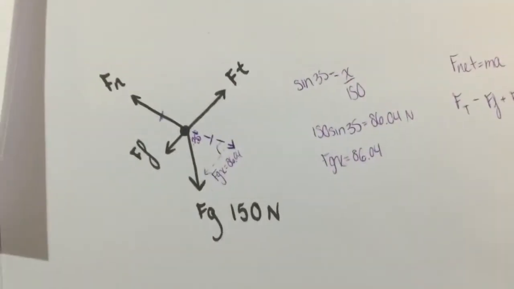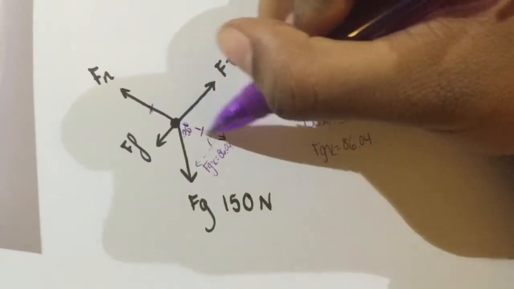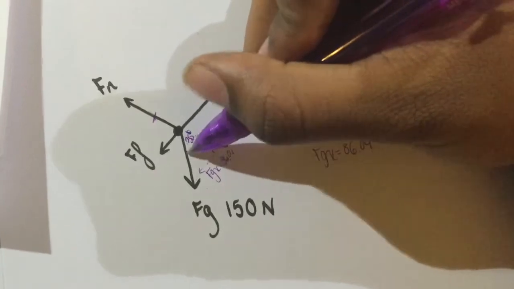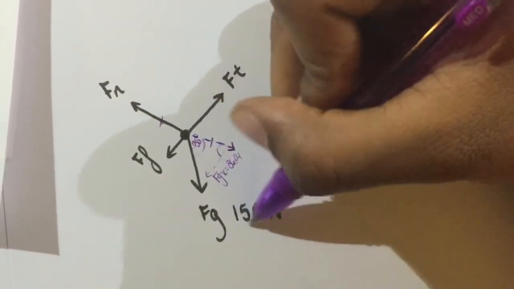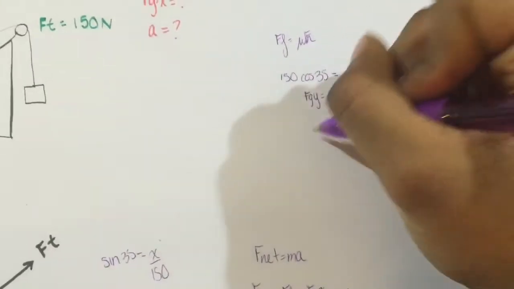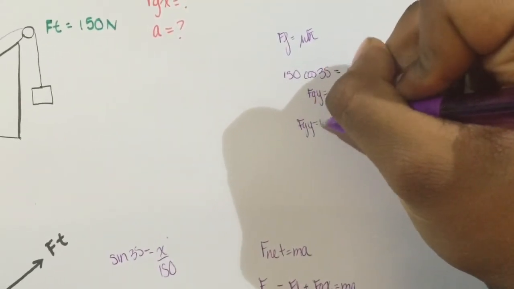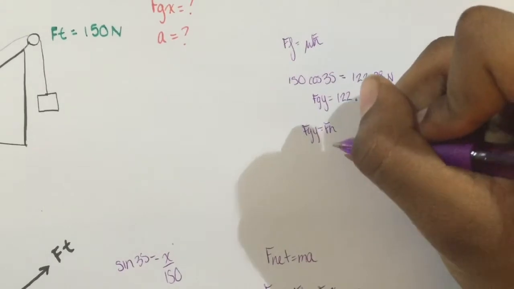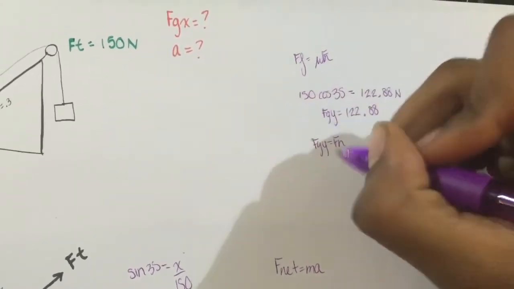We use cosine because FGY, this part, is adjacent to the angle, and 150 is the hypotenuse of the triangle. Since FGY equals the normal force, we can now plug it into the formula.